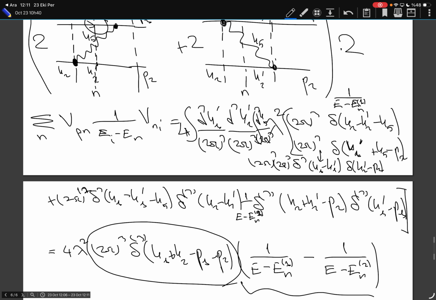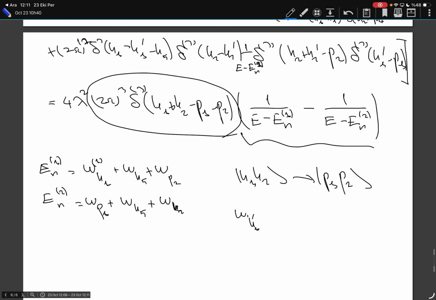But look at the Dirac deltas. This Dirac delta. K1 prime is equal to K1. So when I integrate over K1 prime, omega K1 prime becomes omega K1, and K2 prime becomes P2. That's why it's below. Yep.